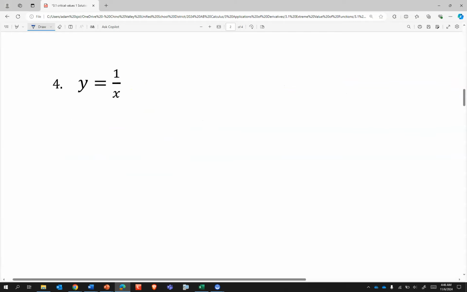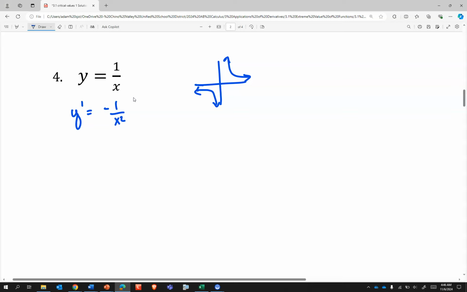Okay, so what about 1 over x? One over x has no critical values. Well, you'll see 1 over x kind of has a critical value, but not really. Okay, so y prime is negative 1 over x squared. And we can just say y prime is never equal to 0, since that would be setting the numerator equal to 0.